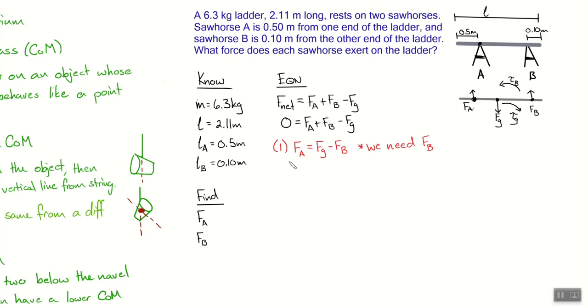So we're going to jump in and use that net torque idea. So here we go, torque net. I'm going to change the notation just a little bit. I know that overall there is no net torque. None. It's zero.